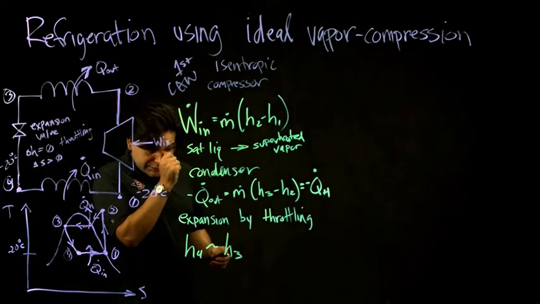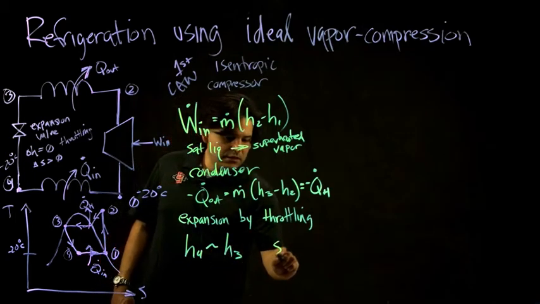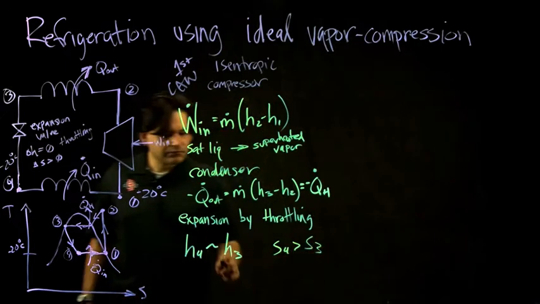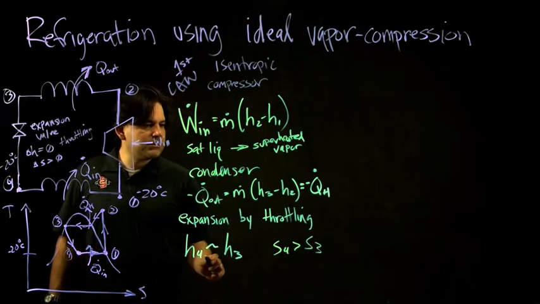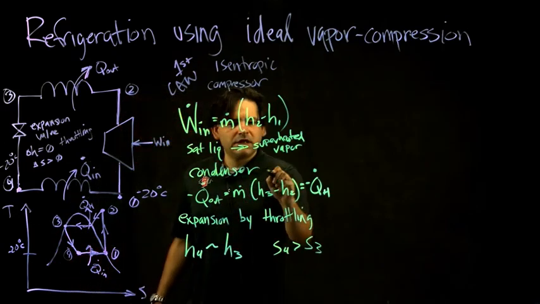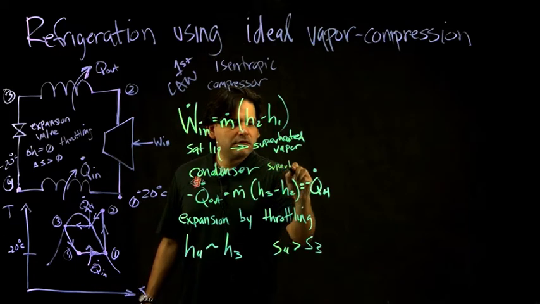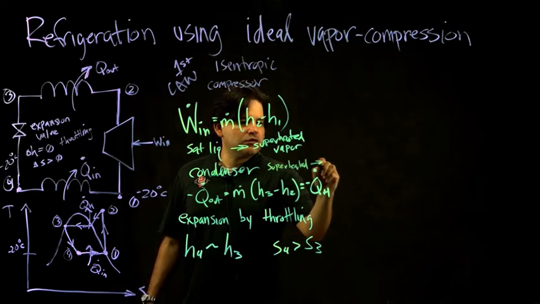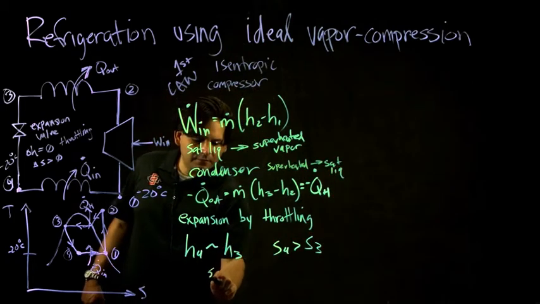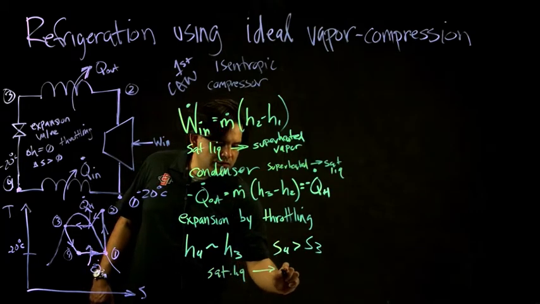And another thing is that S3 is smaller than S4, so S4 is greater than S3. Oh, I didn't write the states here. So here, this condenser would be superheated to saturated liquid. This would be saturated liquid to saturated mixture.